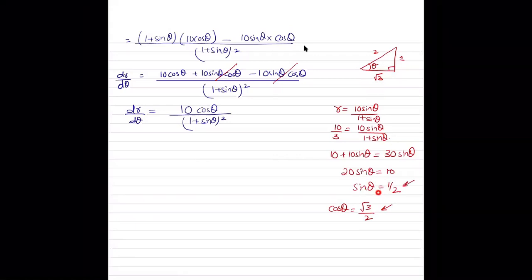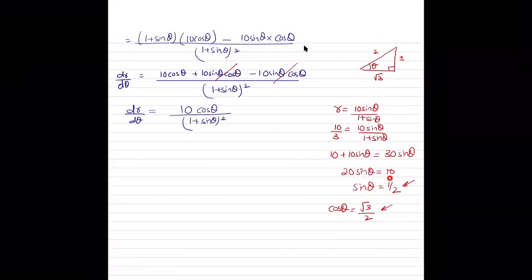You were given that sine theta is equal to 1 upon 2. Since I have to use cos theta over here, I wanted you to find cos theta as an exact value. Sine theta is a ratio of opposite over hypotenuse.